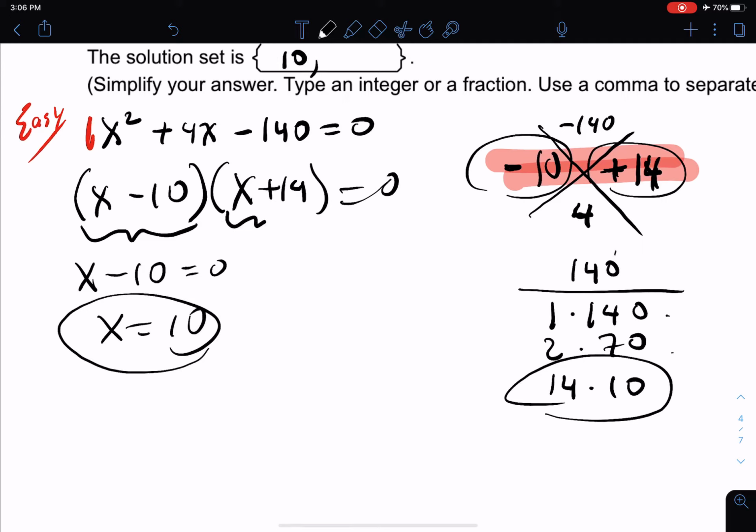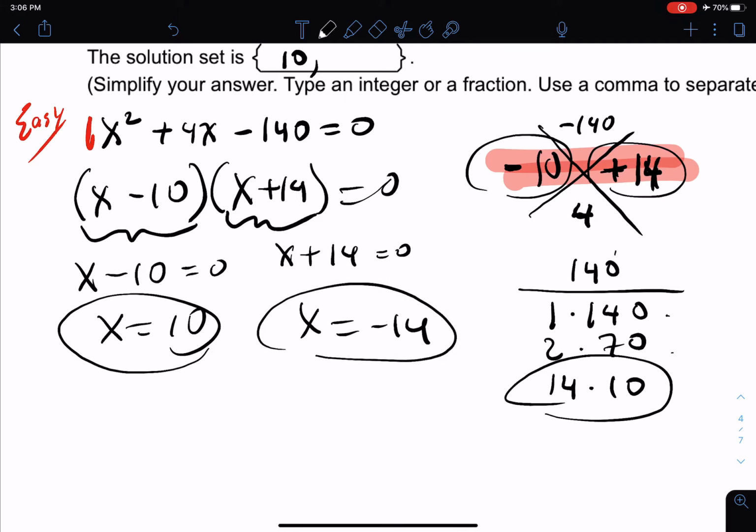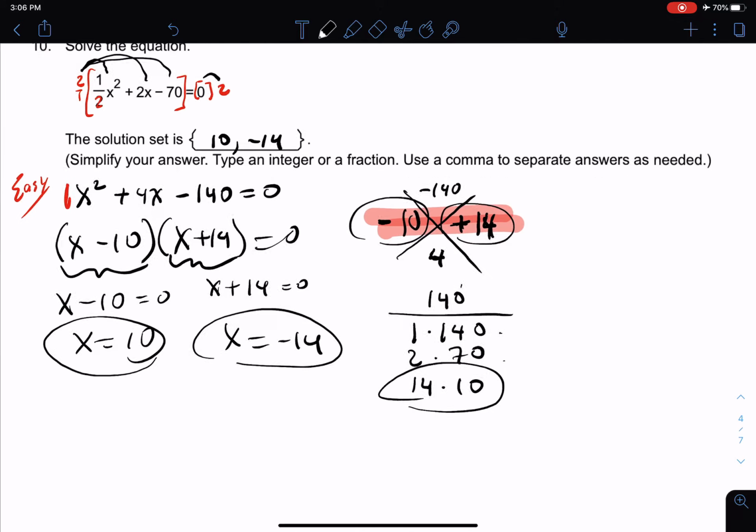And then set the second factor, x plus 14, equal to 0. Subtract 14 on both sides, and x equals negative 14. So there's my second answer. So it should be 10 and negative 14.